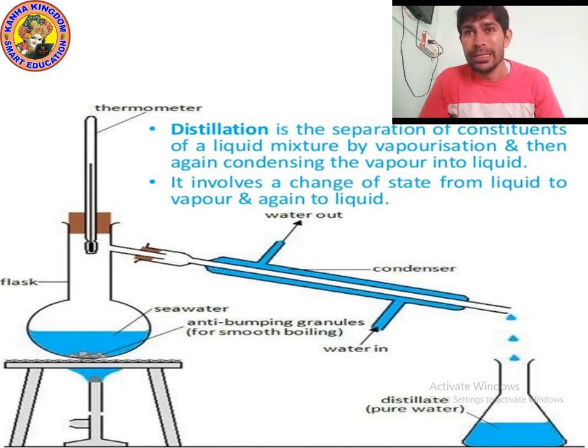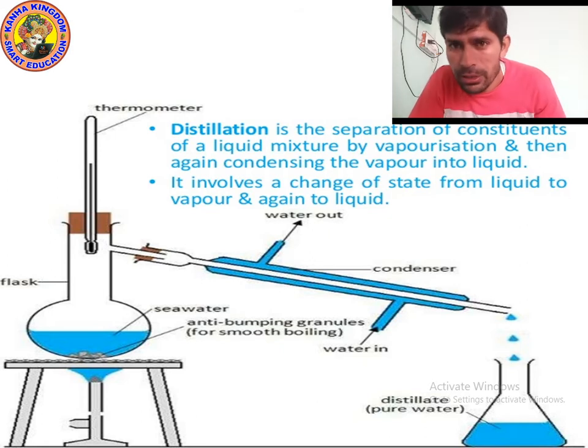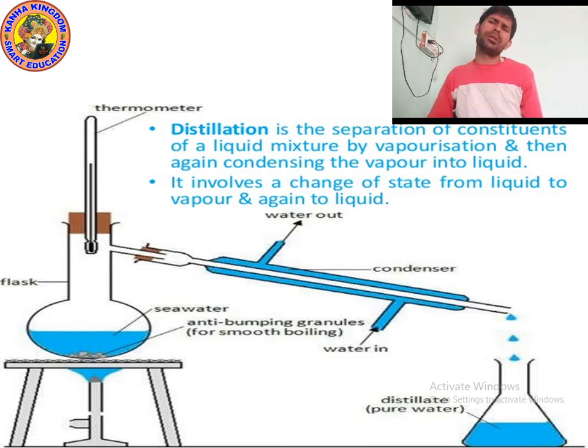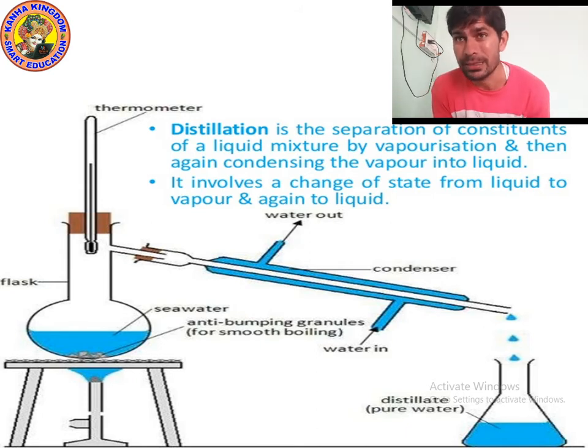Then you can see a long tube attached to the flask, which is known as the condenser. The water vapor will pass through the condenser. What is the work of the condenser? The condenser makes it cool down. In the condenser, cool water flows around the tube.